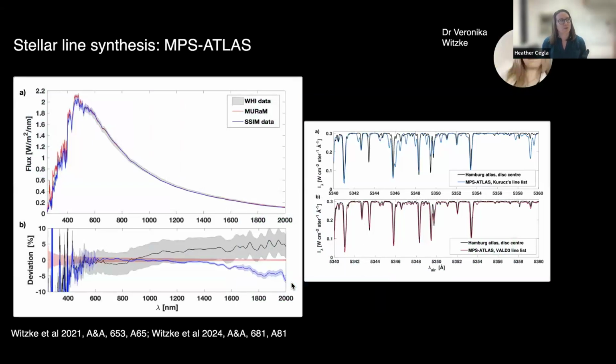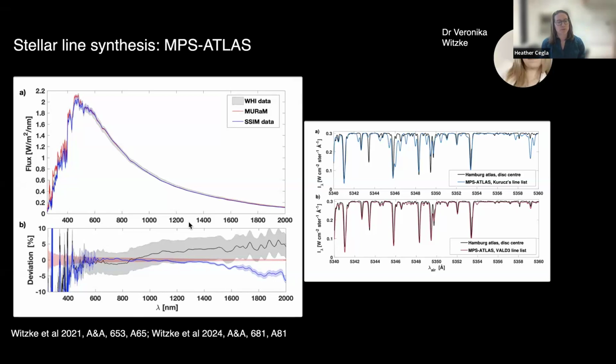So we've also switched a little bit into using a different line synthesis code when we can. We're working with Veronica Ritsky and Gertinem and using her code MPS Atlas, which is an upgraded version of Atlas that can be much faster. I'm just showing you an example here of the wavelength coverage that we could possibly be doing with MPS Atlas.